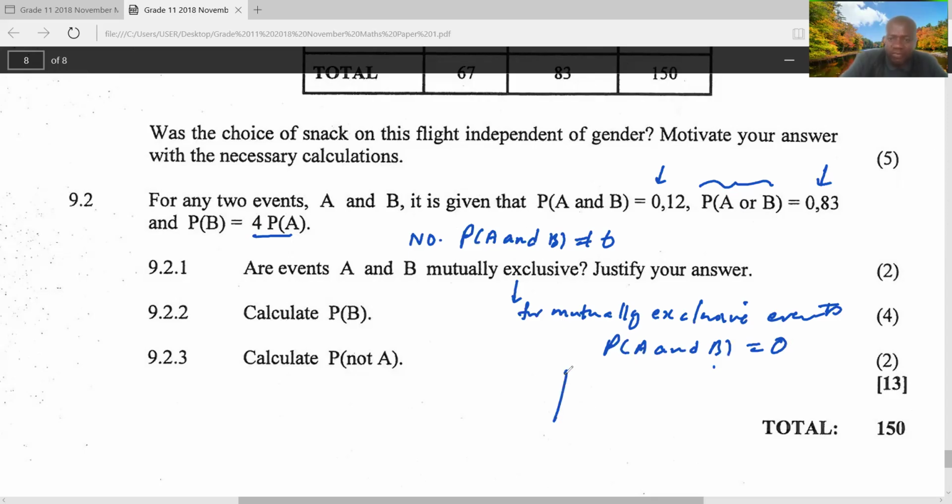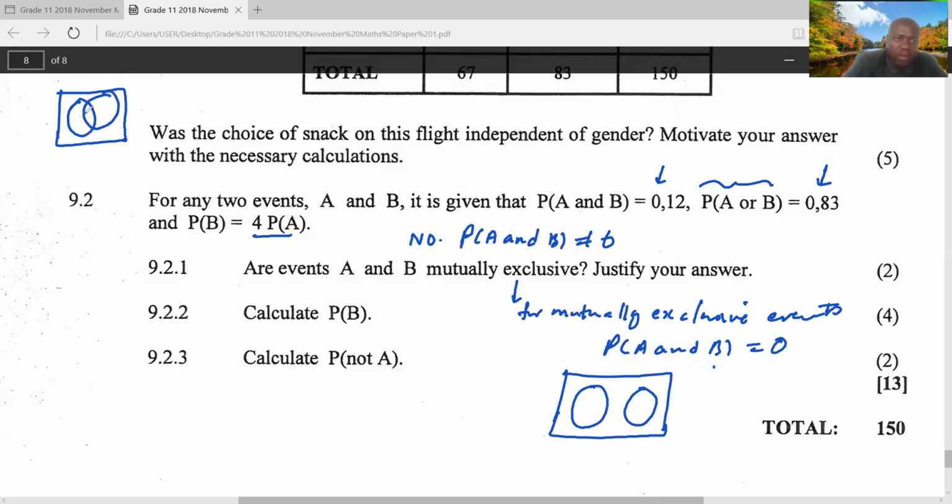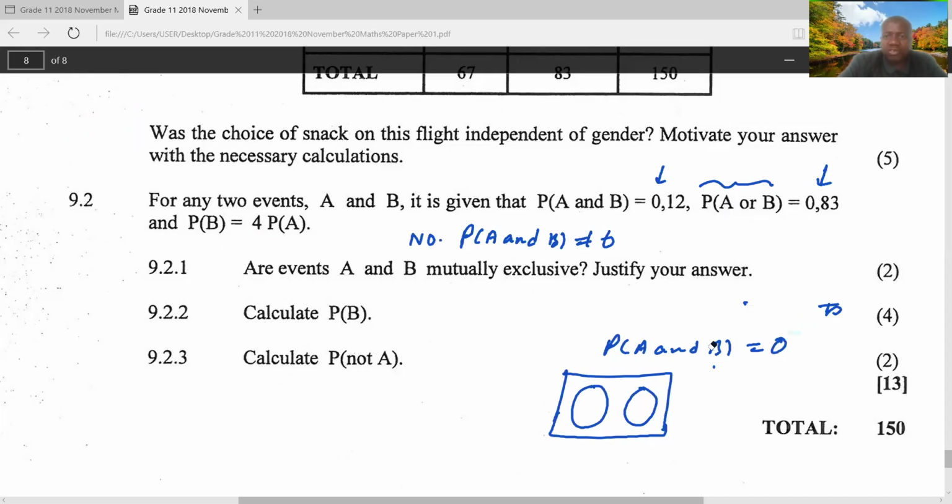When we draw a Venn diagram, we'll have no intersection. But this one has an intersection because there is a point where the two events have something in common in terms of probability, and that is 0.12. If the probability of A and B was 0, then they would be mutually exclusive. Here they are not, because the probability of A and B is not 0.